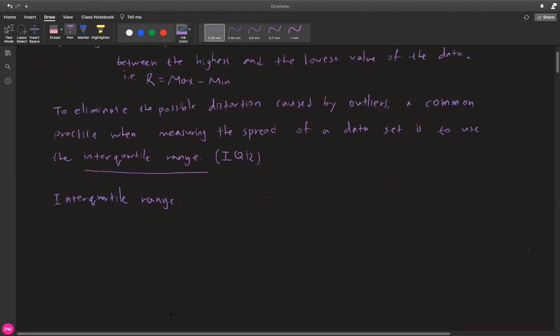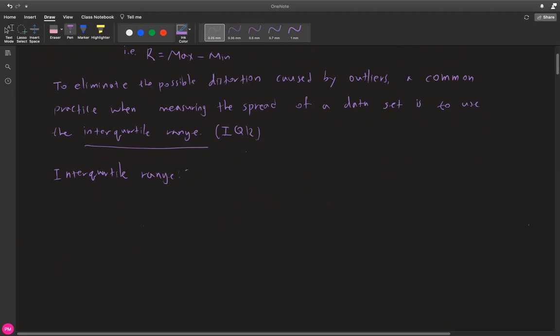So this is a definition. IQR is the difference between the third quartile and the first quartile.